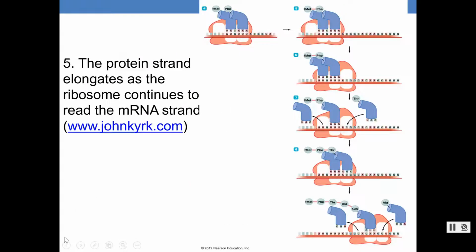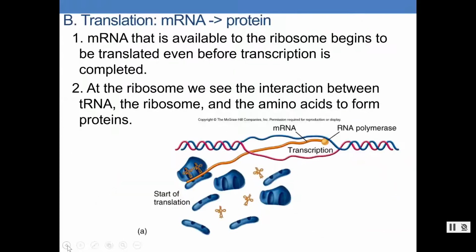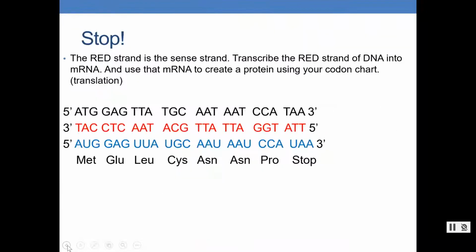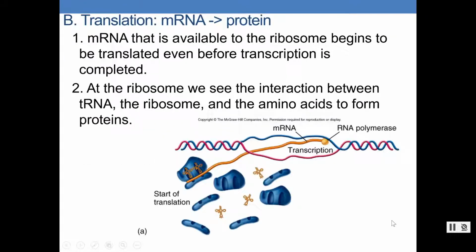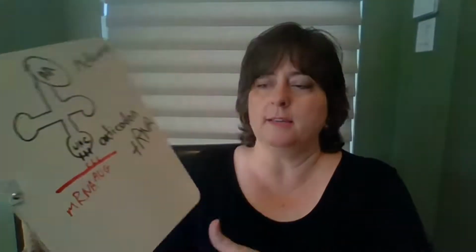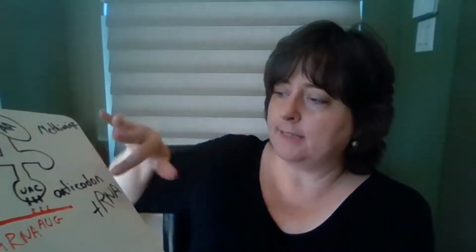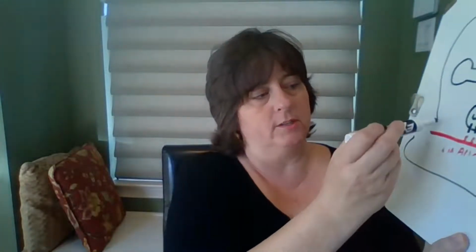I don't have a good picture of it. But to start this process, we need the mRNA, we need the tRNA, and then we need the large and small subunits of the ribosome. So there's the small subunit, and then this will be the large subunit that comes together all on that.